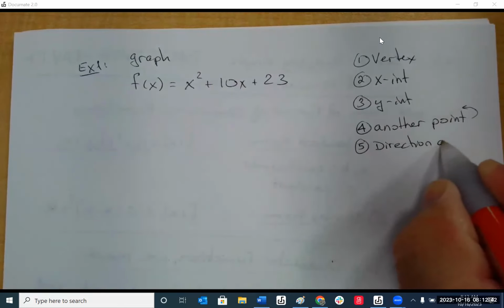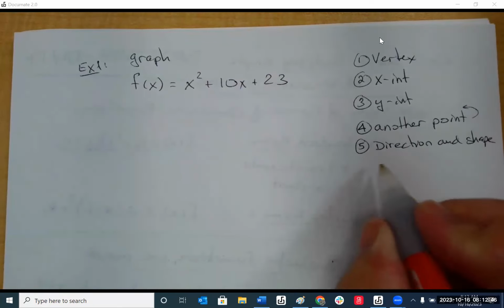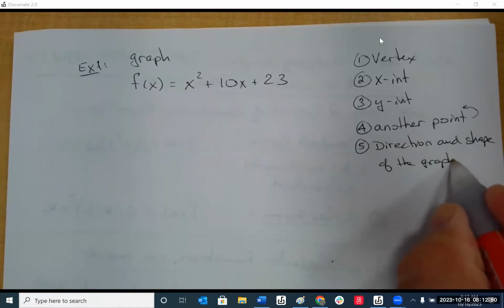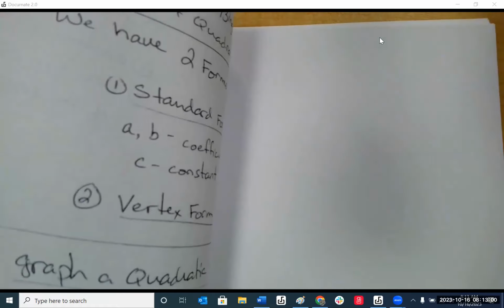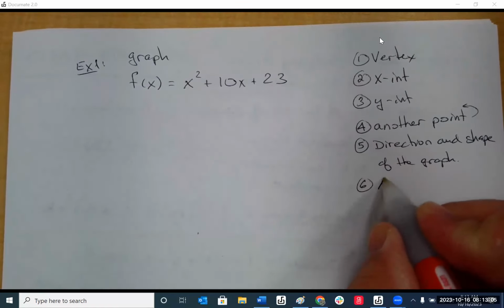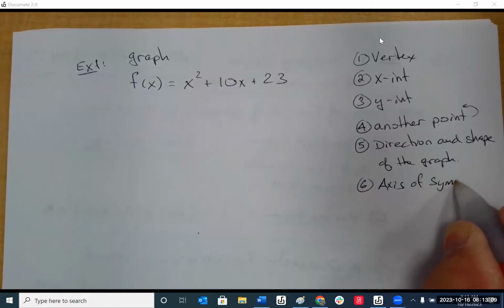And the direction and shape of the graph, and the axis of symmetry.